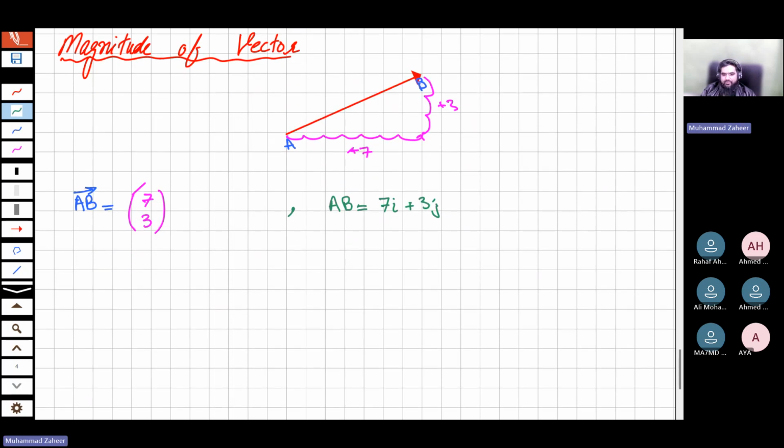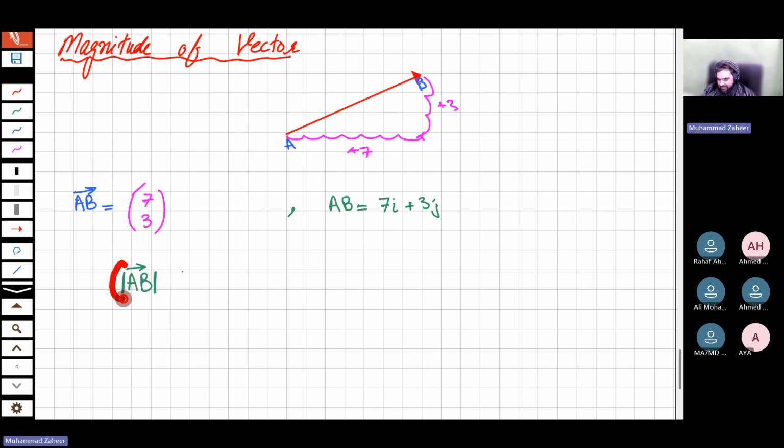All right, now if you want to find the magnitude of the vector, it is shown by |AB|. Look here, we have the straight lines. These straight lines mean we are talking about the magnitude of the vector. If it is without lines, it is a vector.